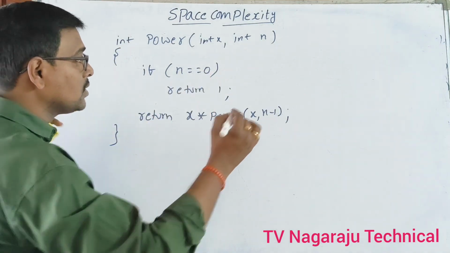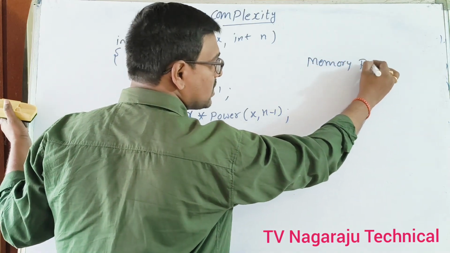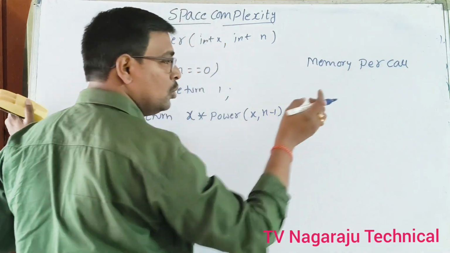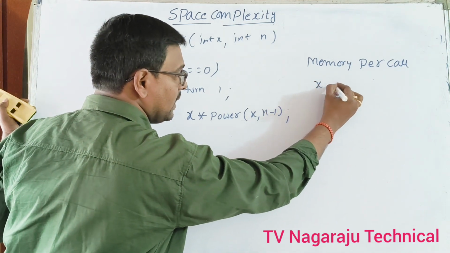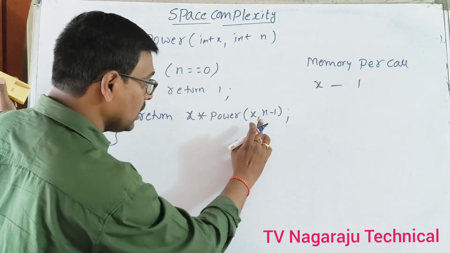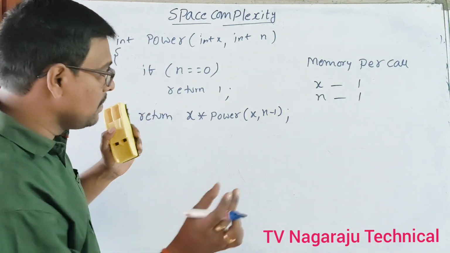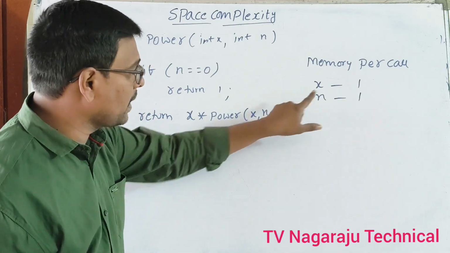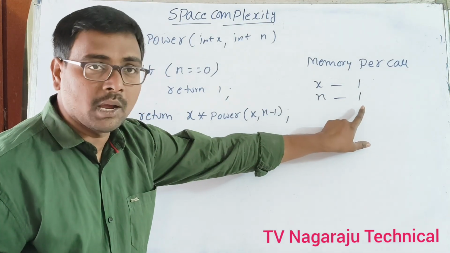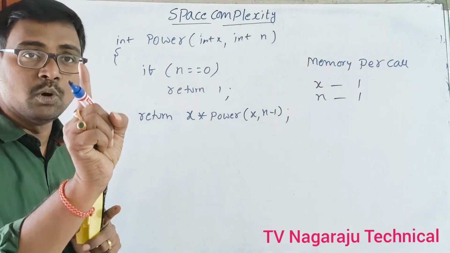Again, the memory per call: in each recursive call, how many units of memory are required? For parameter x, 1 memory location. For parameter n, 1 memory location. So there are 2 parameters; in the previous example, the parameter was only n.